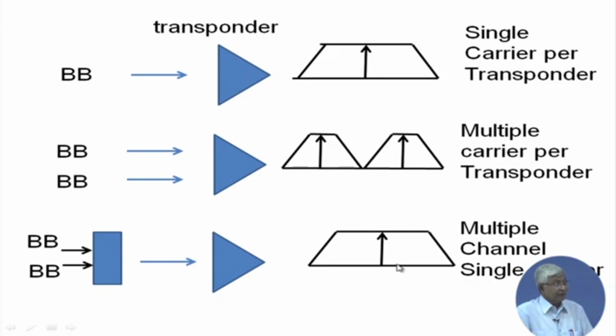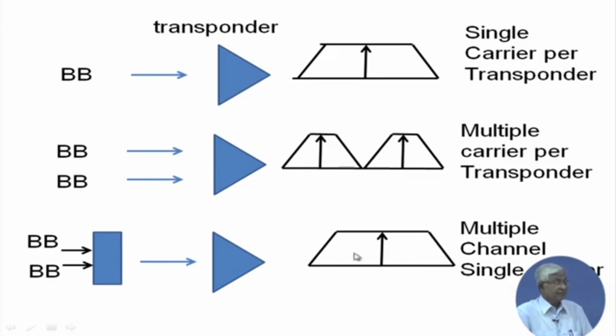So, if your antenna is pointing to that particular satellite and that particular transponder, your receiver or set top box will receive so many multiplexed channels which are coming. So, that is how broadcast is presently being done, multiple channel in a single carrier.